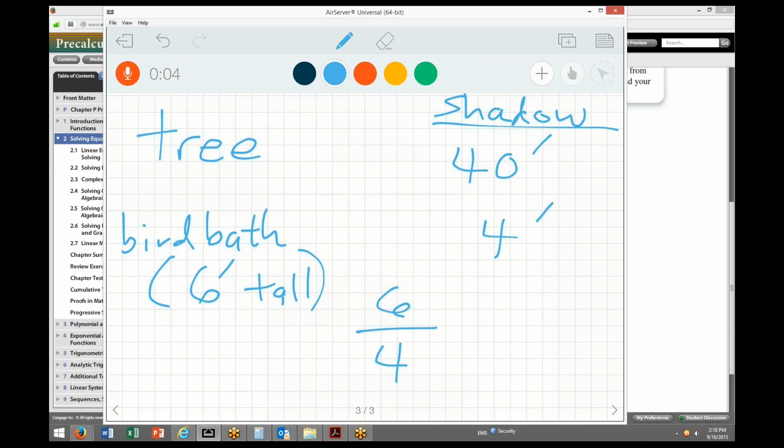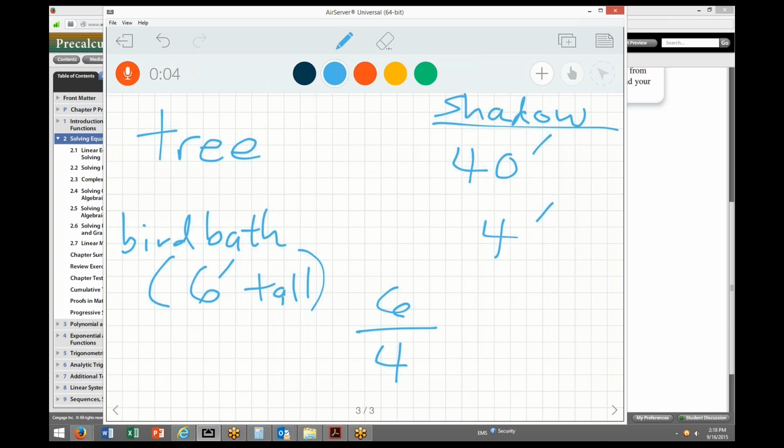The height of the tree we don't know, we'll just call it H, with its 40-foot shadow. So once again, our proportion is set up that we have the height of the object on the top of either of these fractions divided by the length of its shadow.